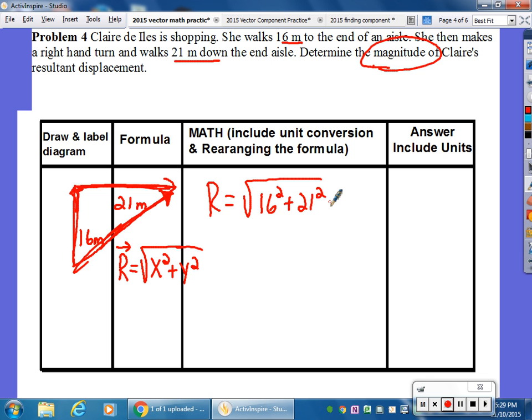And let me see what my calculator gives me. Square root of 16 squared plus 21 squared, I get 26.4. So the magnitude of my resultant vector is 26.4 meters. Magnitude only, no direction on this particular question.